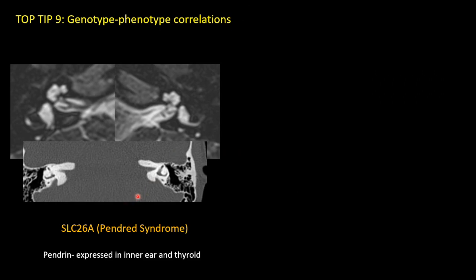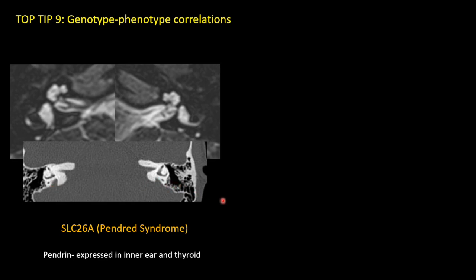There are, however, certain imaging phenotypes which have consistent features and are strongly linked to particular genes, that is, with excellent genotype-phenotype correlations. One such example is Pendred syndrome caused by SLC26A4 mutations on chromosome 7. Pendred syndrome should be raised when encountered with bilateral IP2 malformations with vestibular aqueduct dilatation.